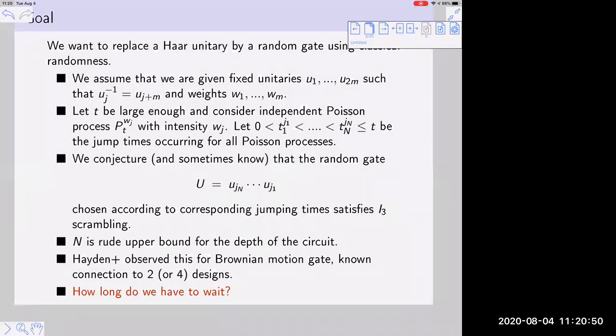And whenever we see a jumping time, we write down a unitary which corresponds to, these are labeled Poisson processes. We know which group element corresponds to which process. So we label all the times, and then we write down all these unitaries, which we have taken from our given list. And that unitary is supposed to be scrambling. So this is a random gate in many ways.